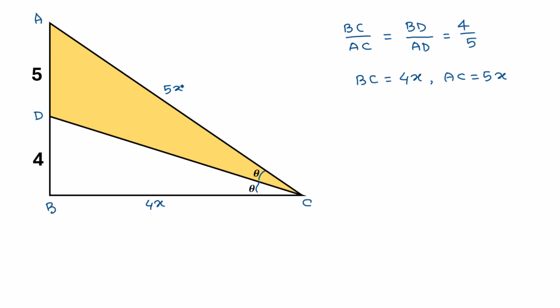Now applying the Pythagoras theorem in triangle ABC, we can write AC square, this hypotenuse square, is equal to this height square, which is AB square, plus this base BC square.